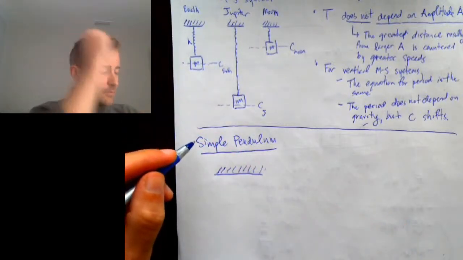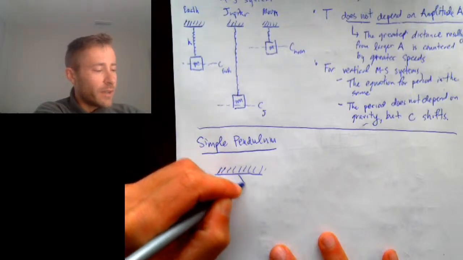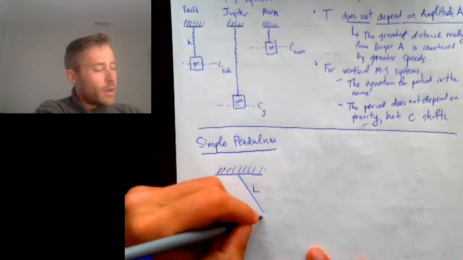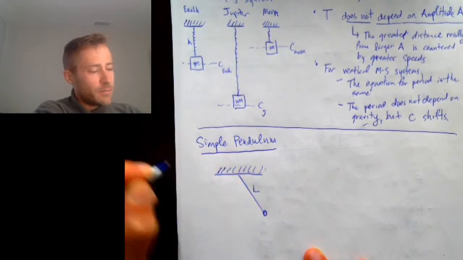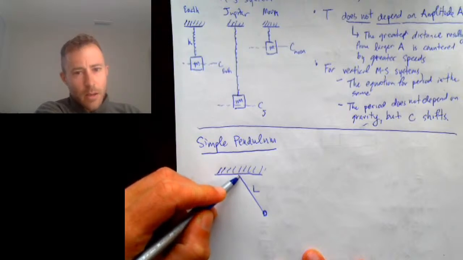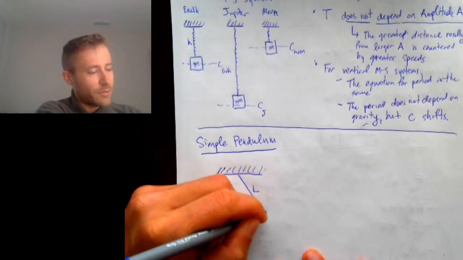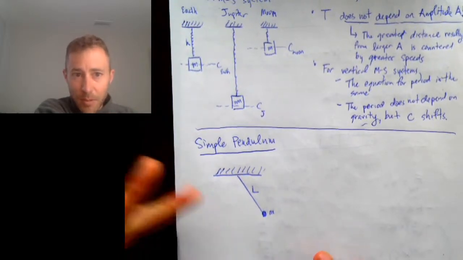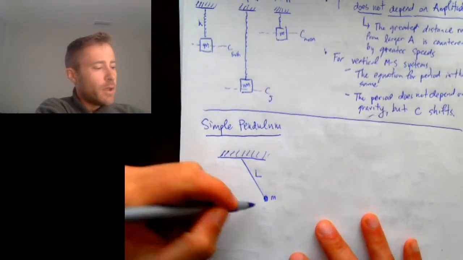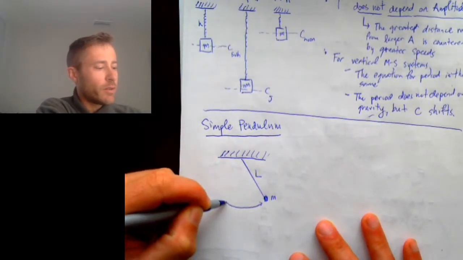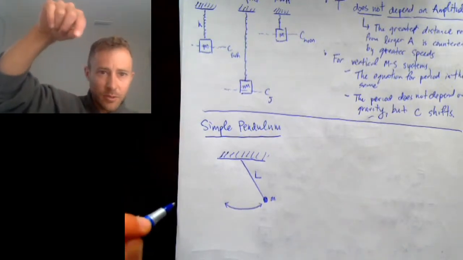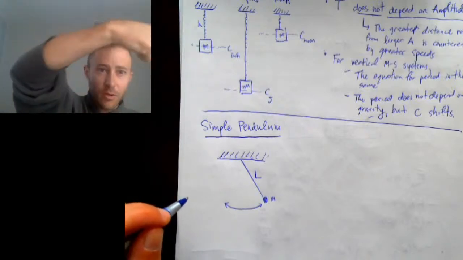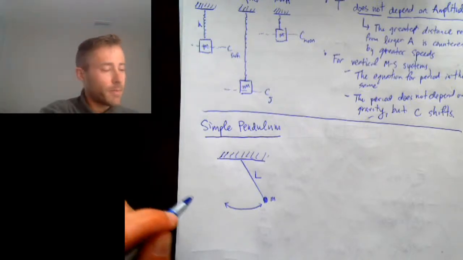The string has a length, which we will call L, and then at the end of the string, there is a mass, which has size m. So that's called the pendulum bob. Okay, and this mass is going to swing back and forth. So like you're trying to hypnotize someone. Okay, it's just going back and forth and back and forth. Remember, a period is all the way across and then all the way back.